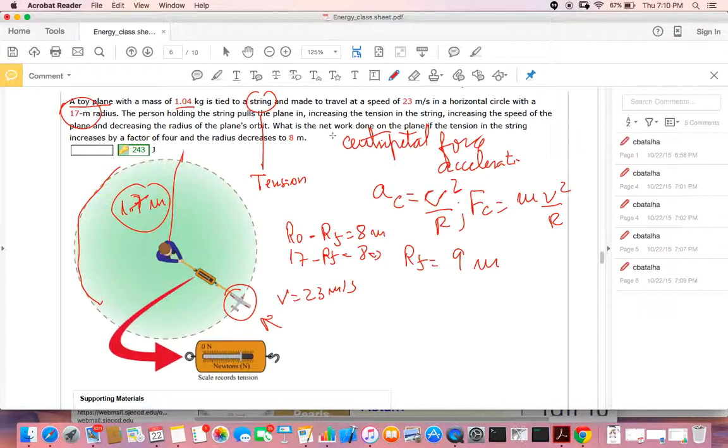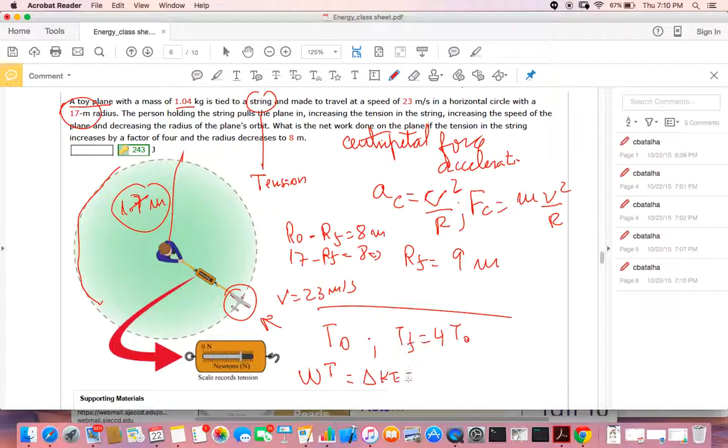And what is the net work done on the plane if the tension in the string increases by a factor of 4? So the initial tension is T naught, and the final tension is 4 times as big as the initial tension. So what is the net work done on the plane? Well, the net work is the total work, and according to the work kinetic energy theorem, it is equal to the change in kinetic energy.